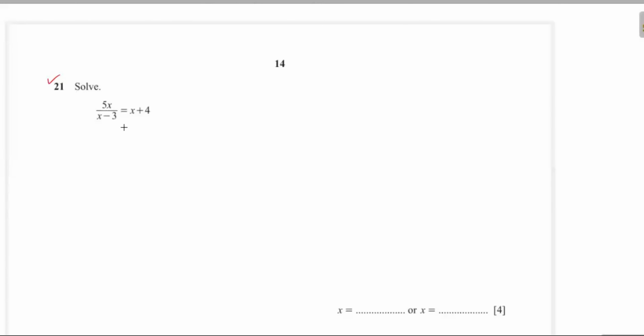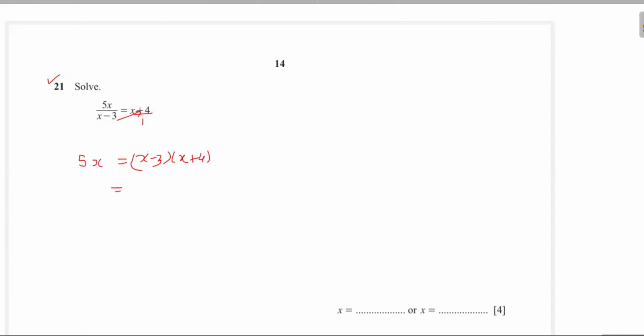Question number 21, solve 5x over x minus 3 equal to x plus 4. We multiply x minus 3 to x plus 4. We get x minus 3 multiplied by x plus 4, and 1 is multiplied by 5x, we get 5x.